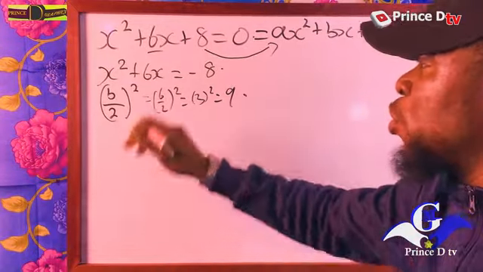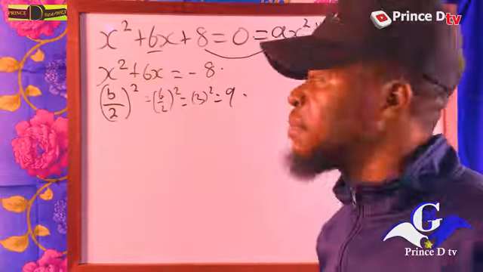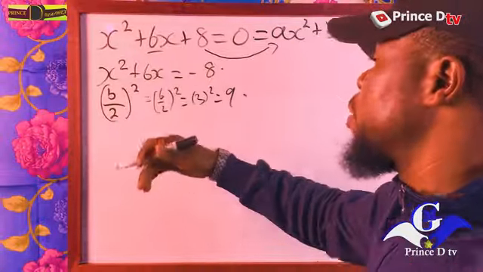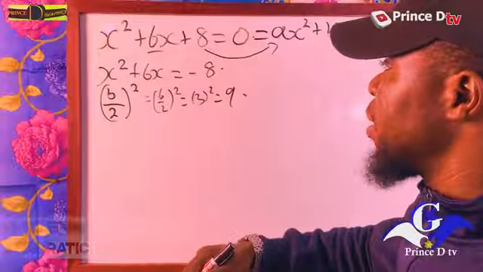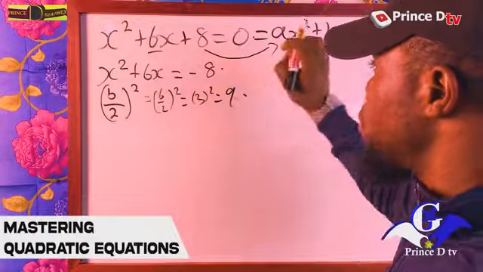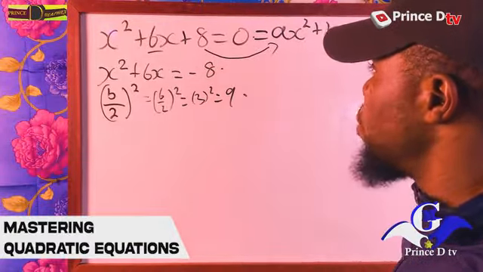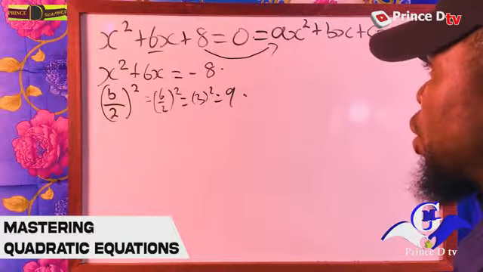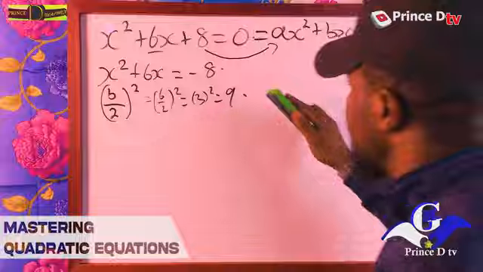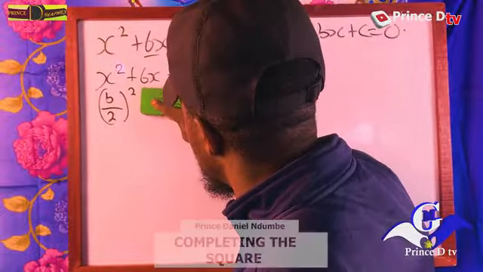So the b over 2 all squared, in every case, you take the b over 2 for the fourth step, you add it to both sides of the equation. So it means we are adding 9 to both sides of the equation. All right.